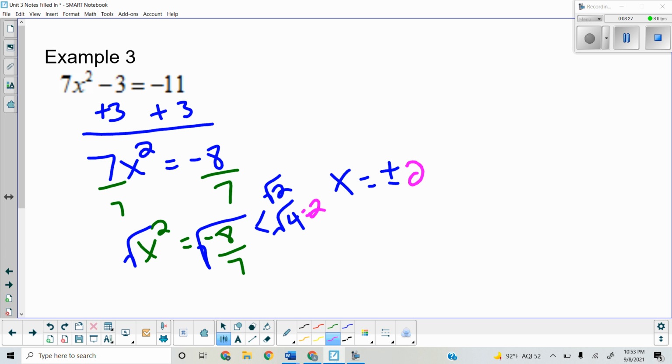So we're going to have 2, because it's the square root of negative 8, i, and then we still have the square root of 2.